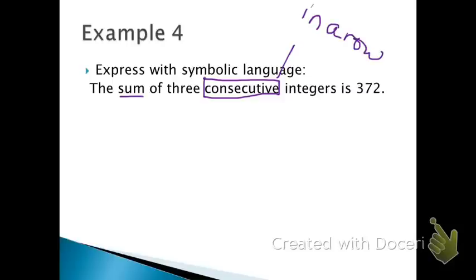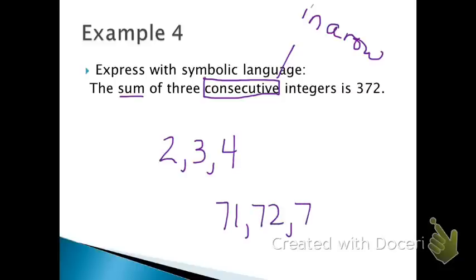Consecutive, next to each other. So 3 consecutive integers could be like 2, 3, 4, or 71, 72, 73. Since it's integers, it could even be like -2, -1, 0. So there's lots of ways, but they're in a row.